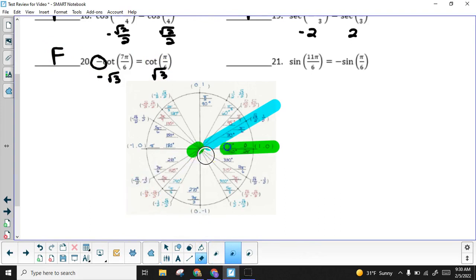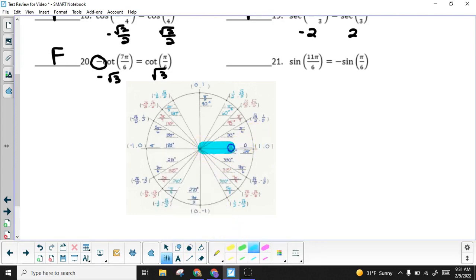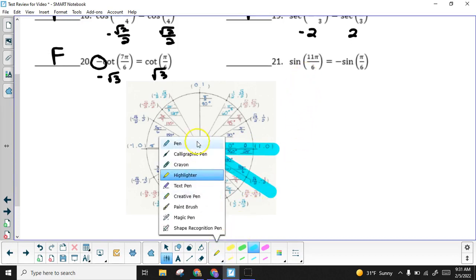Number 21, we are comparing the sine of 11 pi over 6 with the opposite of the sine of pi over 6. So 11 pi over 6, the sine value of 11 pi over 6 is our y value, which is negative 1/2.